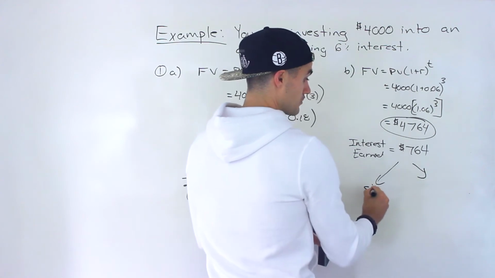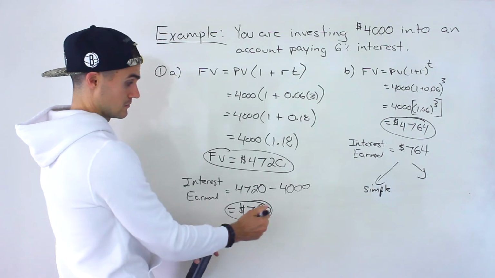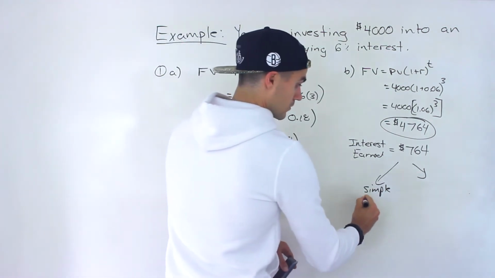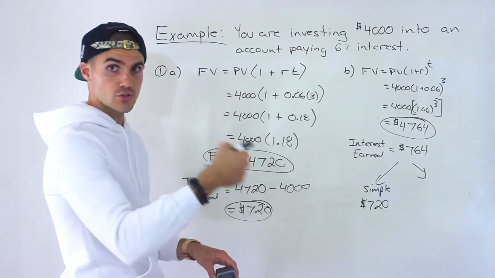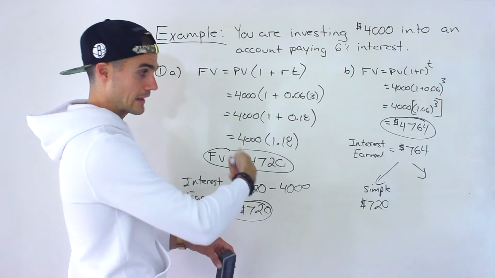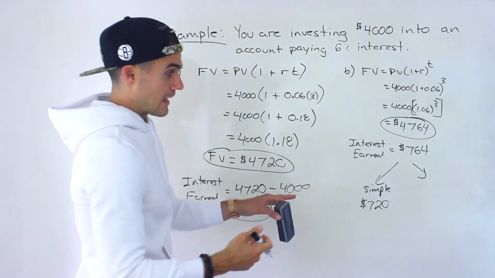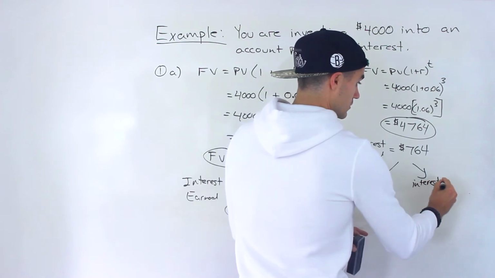And even though the question doesn't ask this, the compound interest earned is broken down into 2 parts, right? It's the simple interest portion, which is just the 720. That's the $240 you're making every year. 6% of 4,000 is 240. You're making that every year. But then there's also the interest on interest portion.